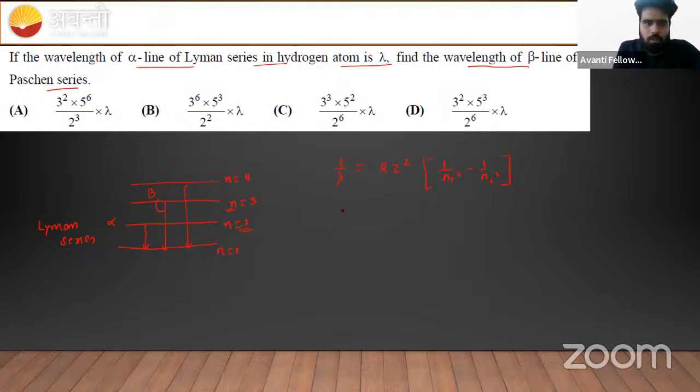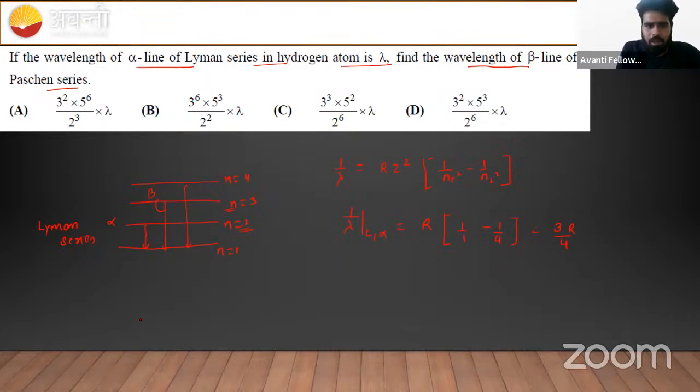If we want to write this formula for the alpha line of the Lyman series, for the hydrogen atom Z equals 1, and for the alpha line n1 equals 1 and n2 equals 2. This will equal 1 by 4. If we solve this, we get 3R upon 4, right?